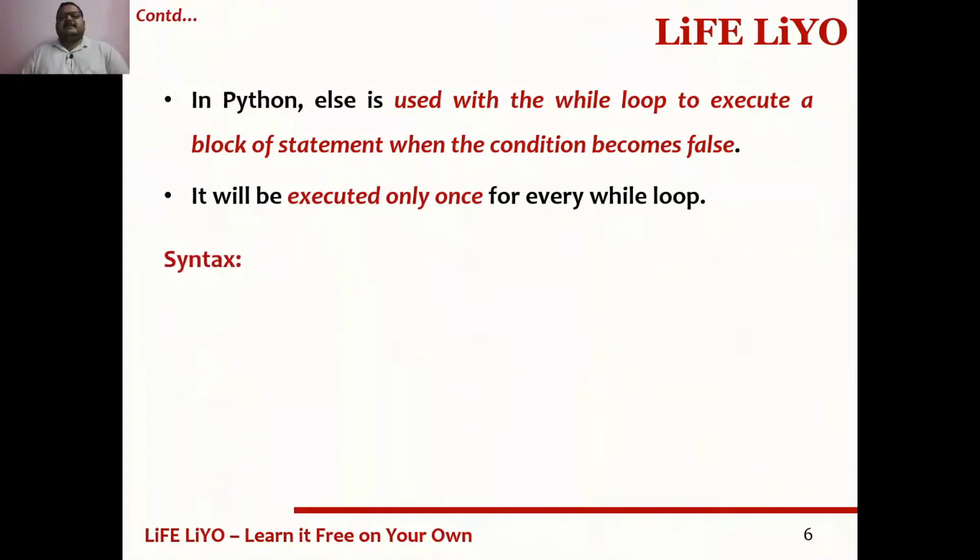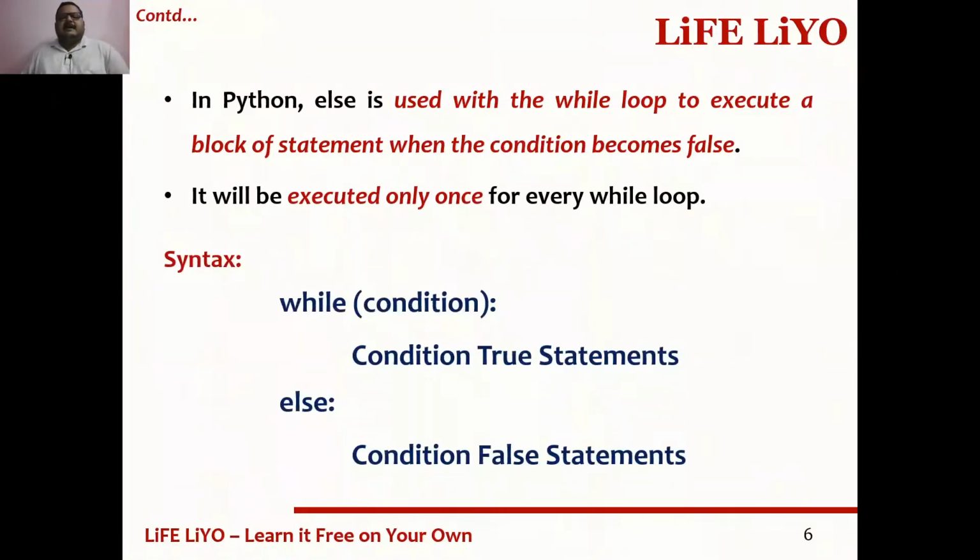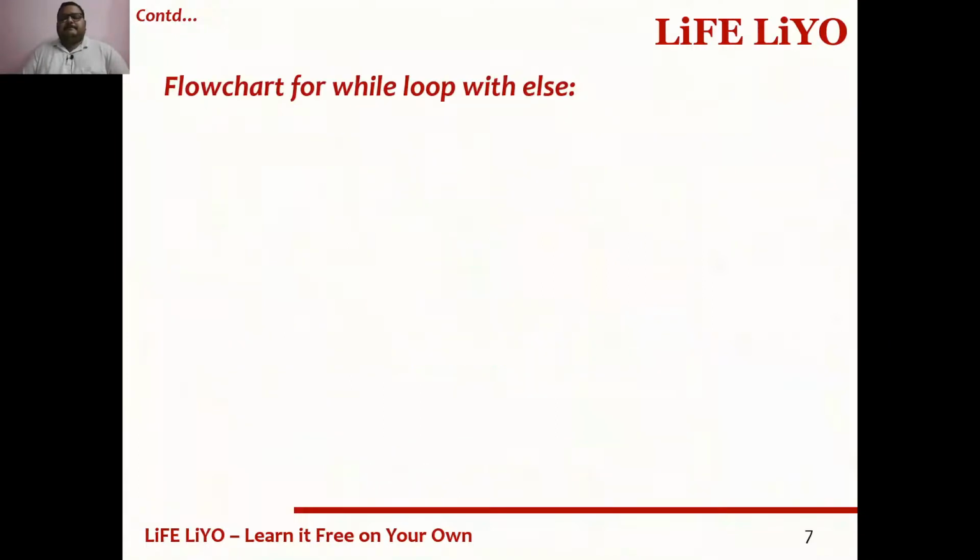So what is the syntax? Same, while the condition will be verified. If the condition is true, the true statements will be executed. Whenever the condition becomes false, then the else block statements will be executed. Look into the flowchart for while loop with else. As usual, first the condition will be verified.